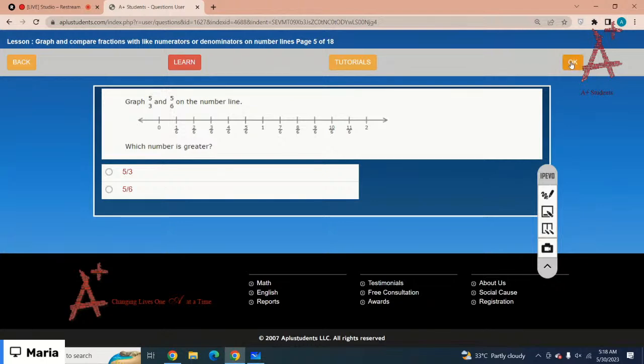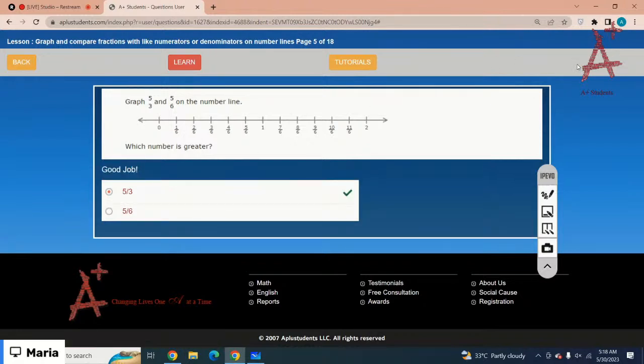So which is greater? 5 out of 3 is greater, not 5 out of 6. You have 3 portions, and out of 3, 5 is colored, 5 is more. So obviously 5 over 3 is greater than 5 over 6.